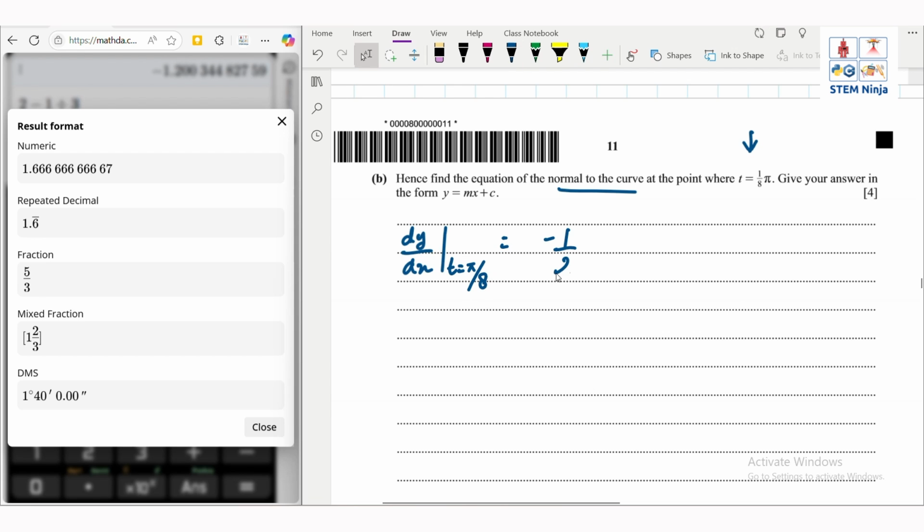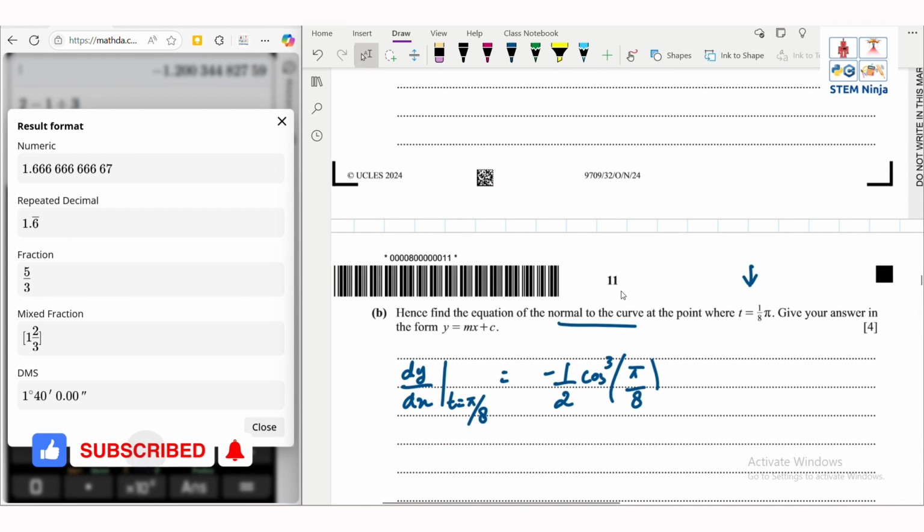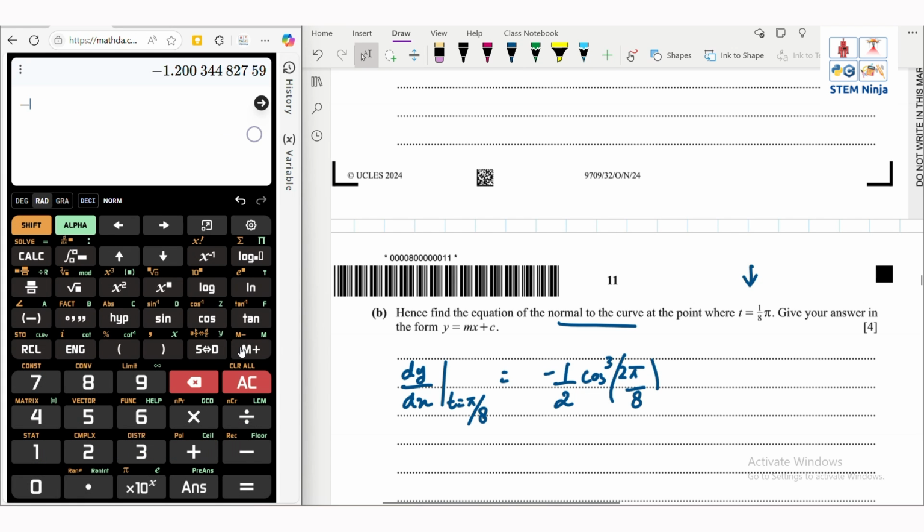So minus 1 over 2 cos cubed of, sorry, 2t, so times 2. So you have minus 0.5 times cosine of pi by 4 cubed.